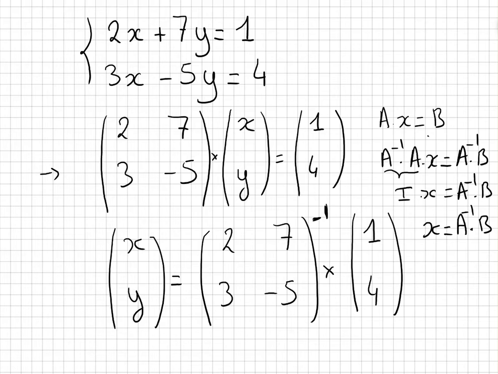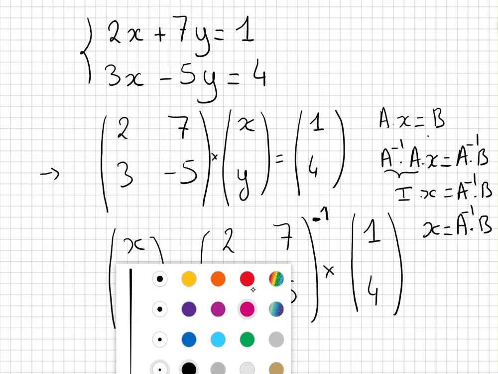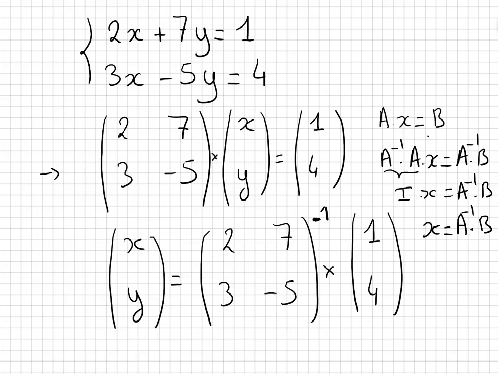That's why we can write that the matrix x and y that we are looking for is equal to this first matrix, 2, 7, 3, minus 5, inverse, times the matrix with our given 1 and 4. So now the question is, how do we write this in our calculator?